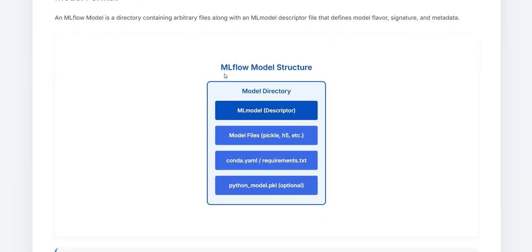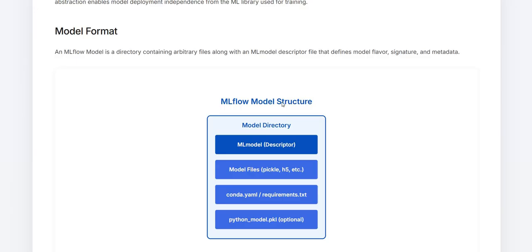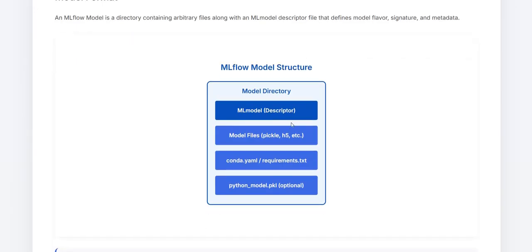So we have a diagram. And this diagram frames the visual as a directory level breakdown of a saved model. And look at that model directory box. So the outer container represents the model directory, which is the atomic unit MLflow moves, stores, and deploys.